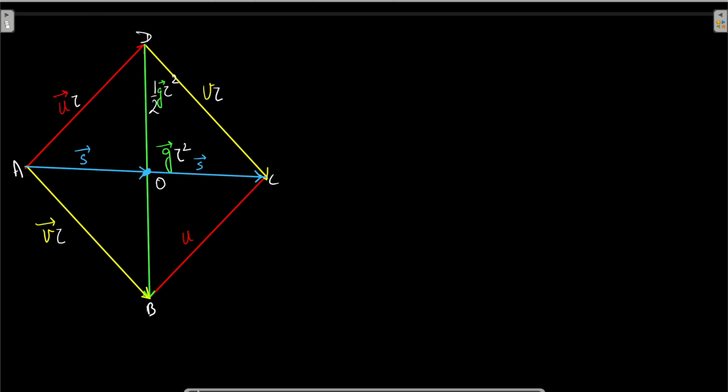We know S vector is equal to u vector plus v vector by 2 times tau.